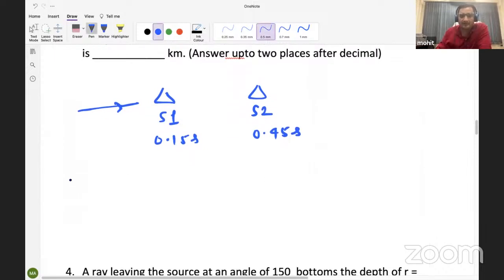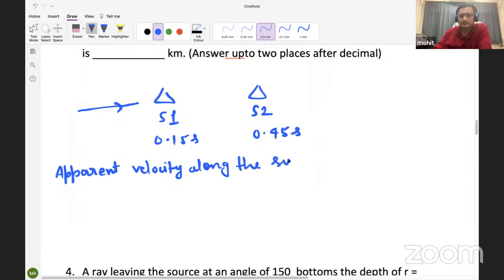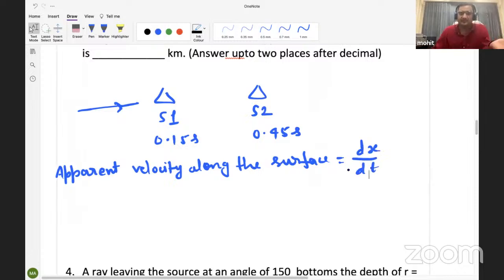So apparent velocity along the surface, that we can write as dx by dt. That means distance divided by travel time difference.